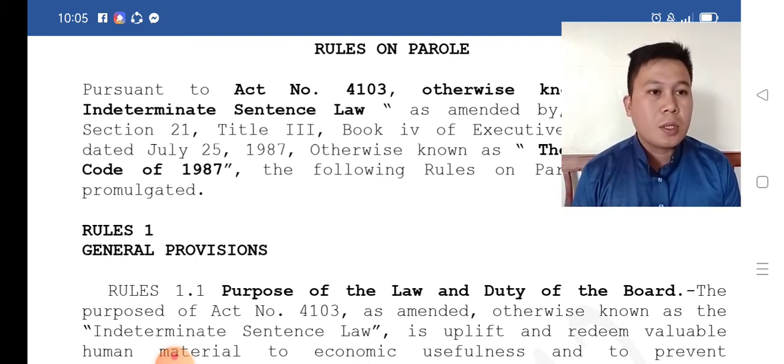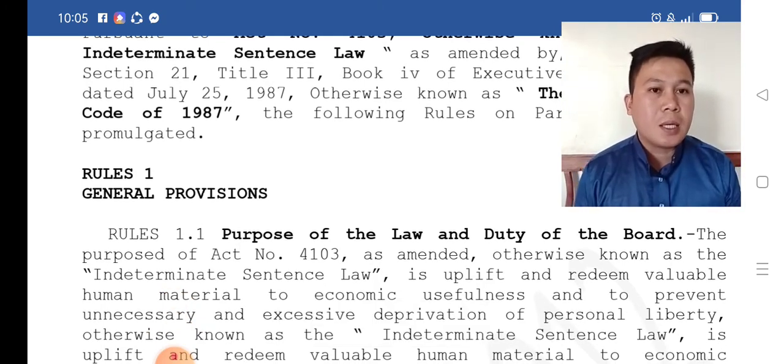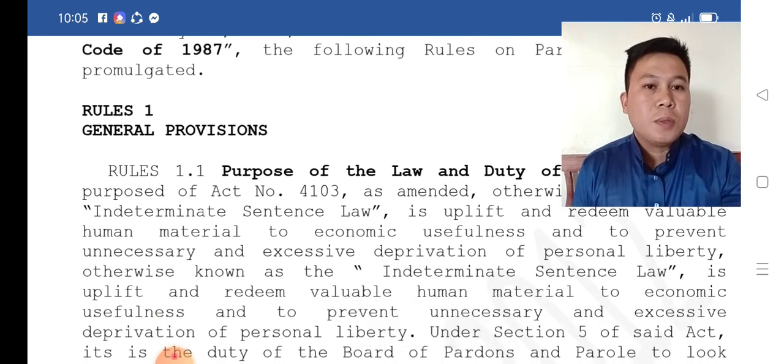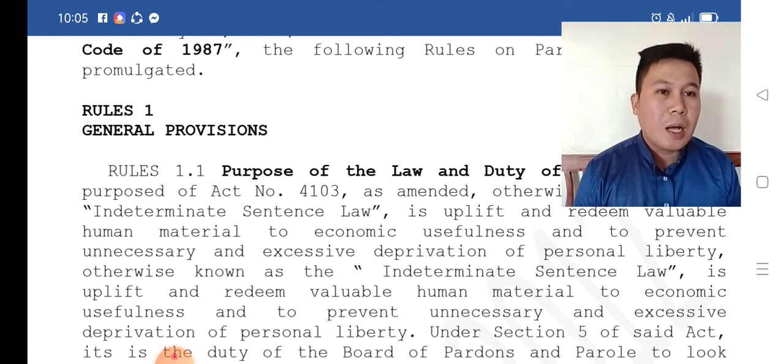The purpose of the Indeterminate Sentence Law, as amended, is to uplift and redeem valuable human material to economic usefulness and to prevent unnecessary and excessive deprivation of personal liberty.